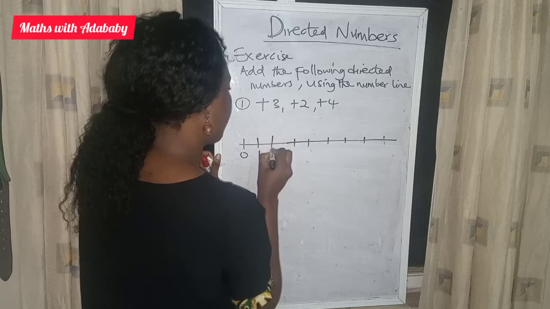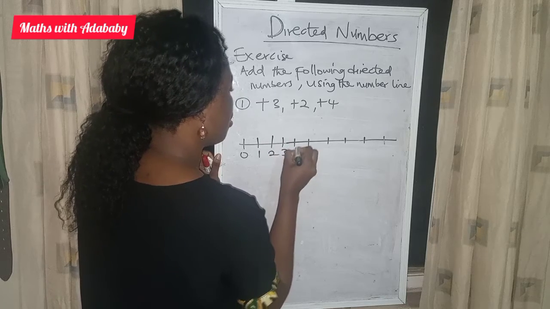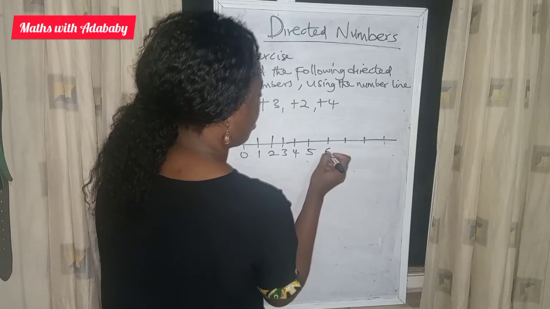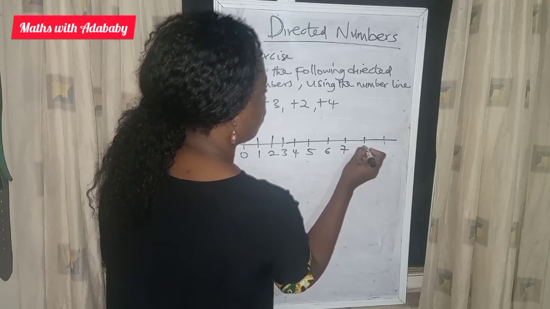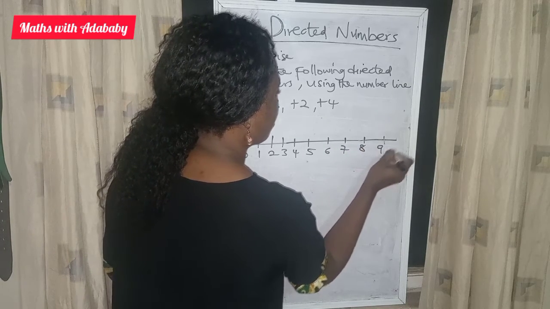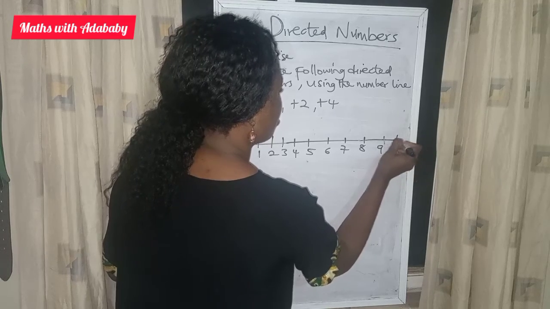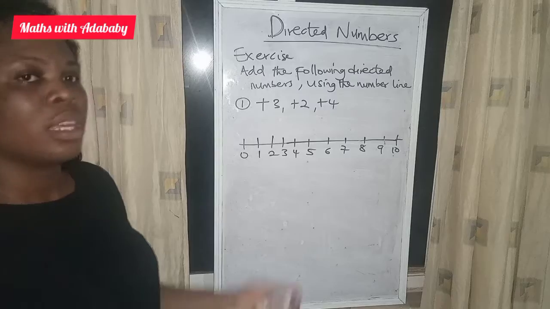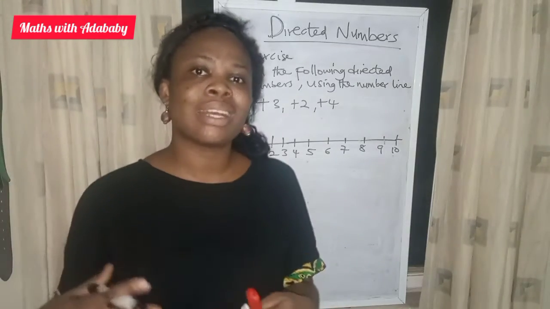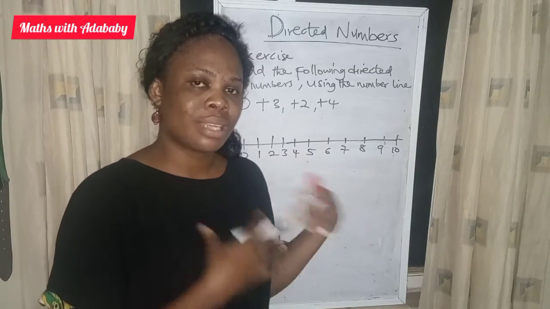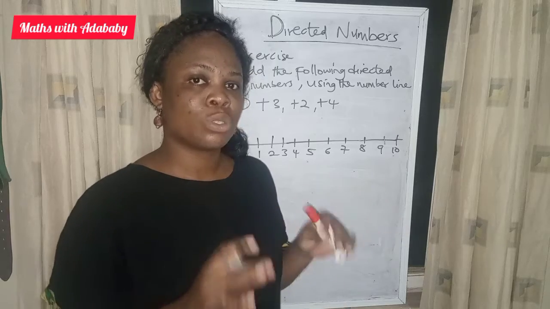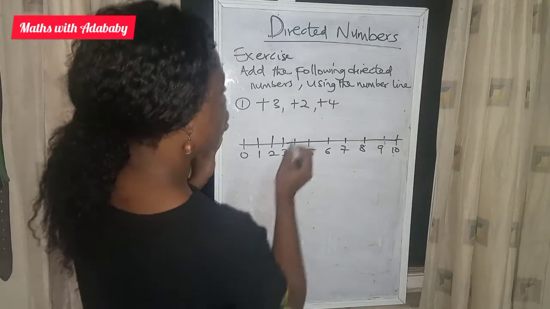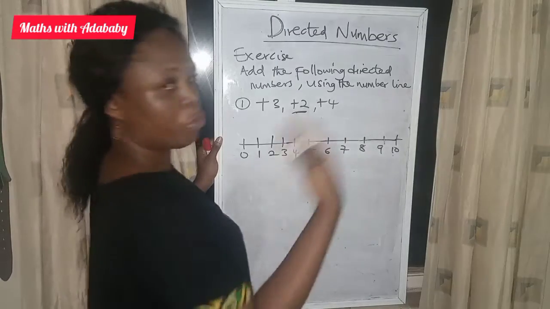Like I said, numbers that do not have a sign on them are known to be positive, because positive numbers are not necessarily represented by a plus sign in front of them. It is assumed that so long as they don't have a negative sign, those numbers are positive numbers. Now, we are going to count from the lowest number forward.